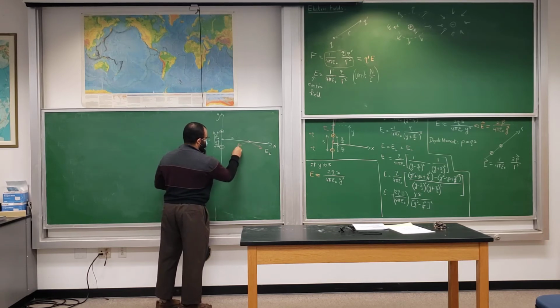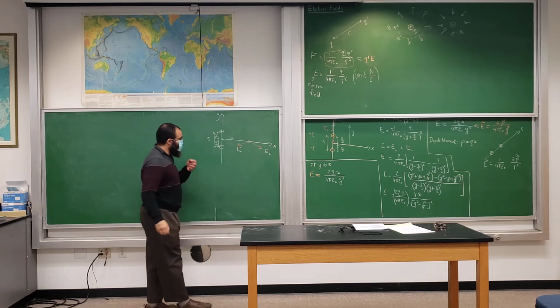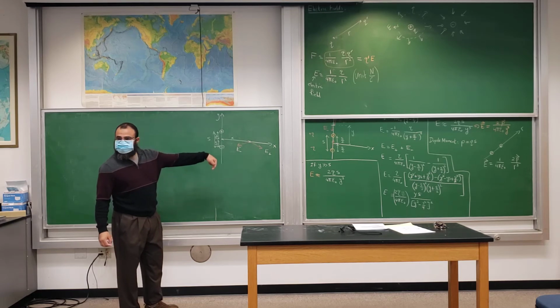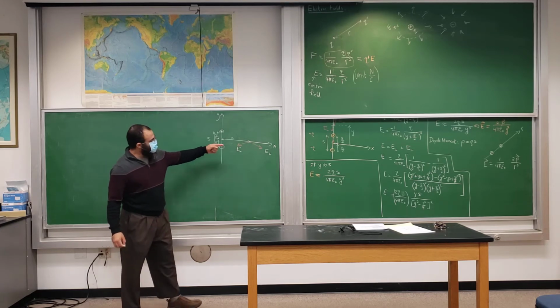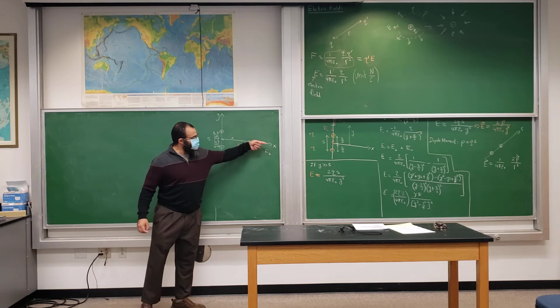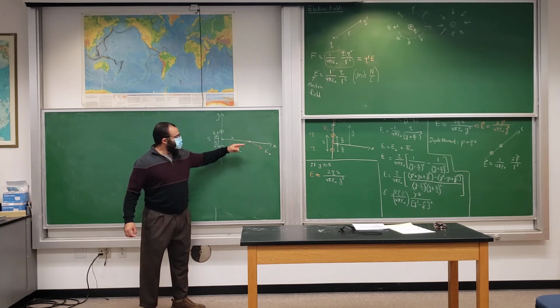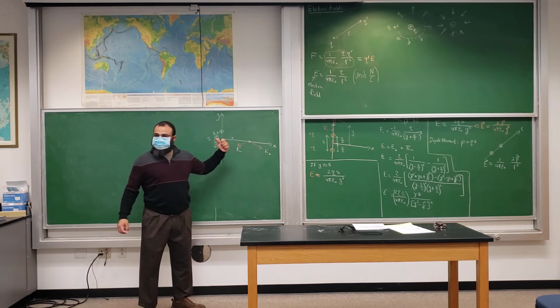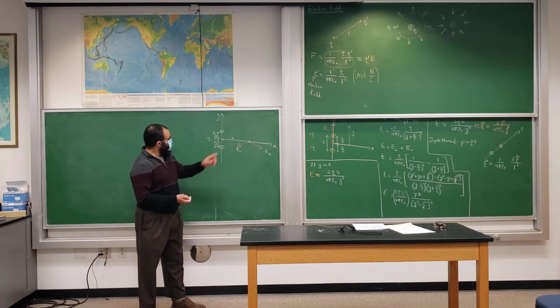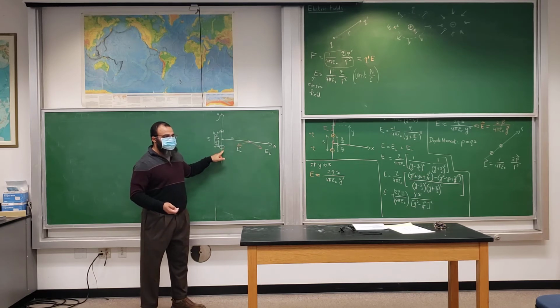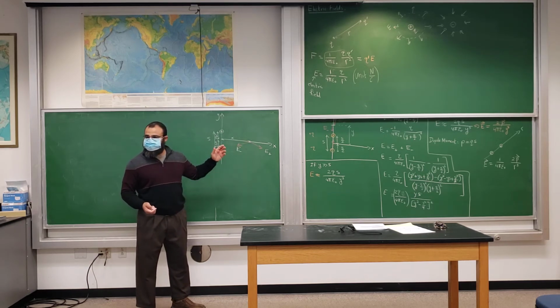Now, what do you notice? Both of them have a negative y component, but one of them has a positive x component. This one points to the right and down, and this one points left and down. So the x components cancel each other, because the distance from here to here is the same as the distance from here to here, and the charges are equal in magnitude.